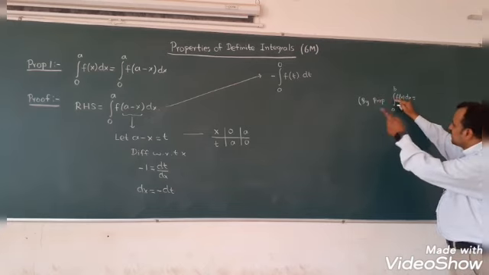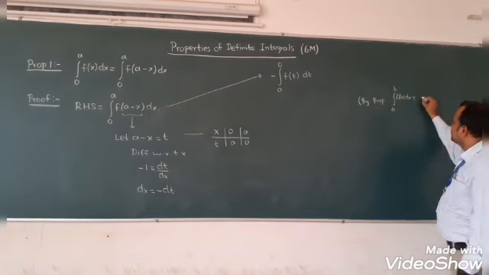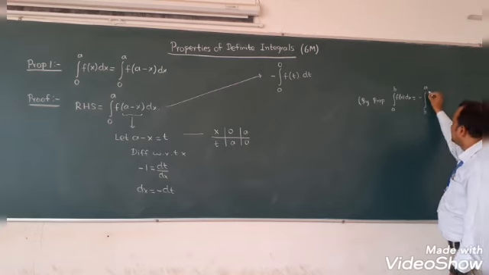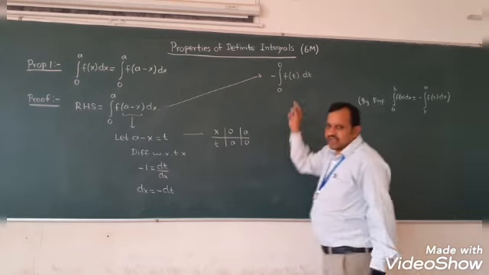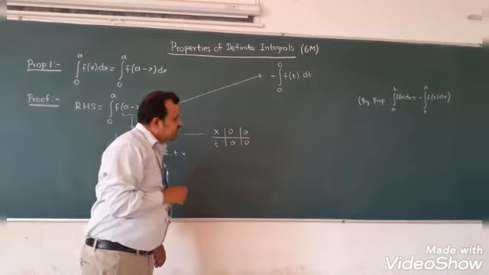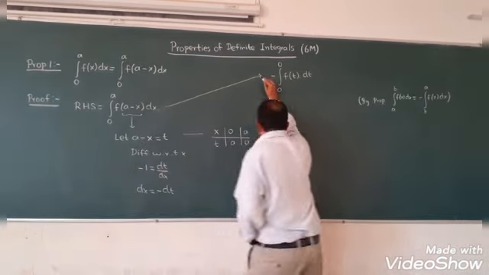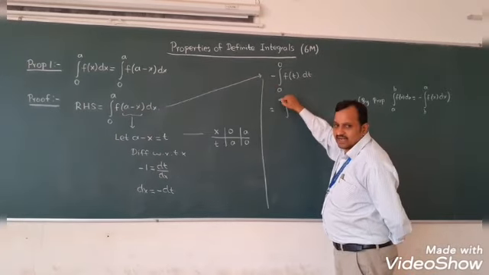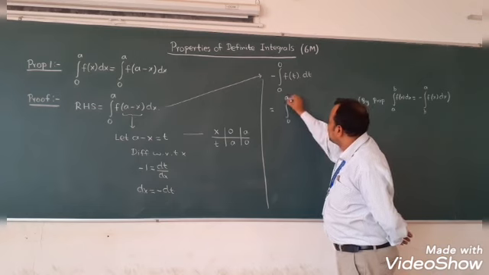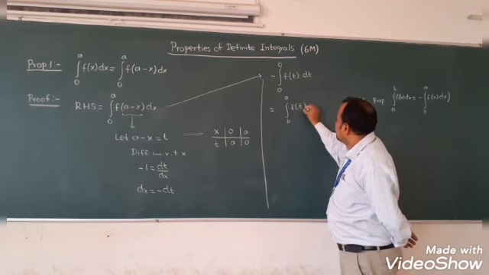So minus will come here, and here I can say integral from b to a f of x dx. So to remove this minus sign, change the limits. So this we can write as, 0 will come down, a will go up, f of t dt.